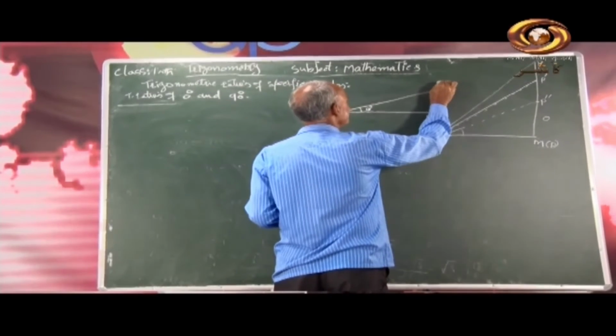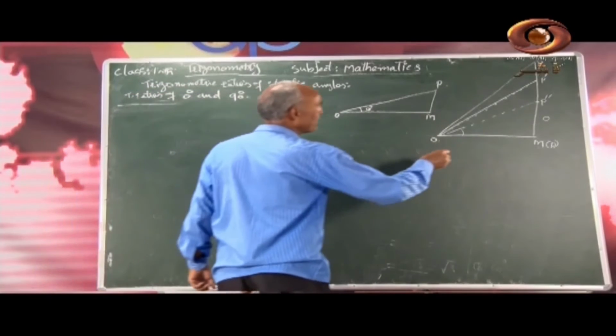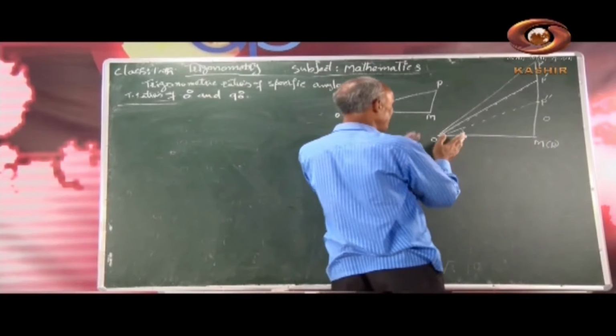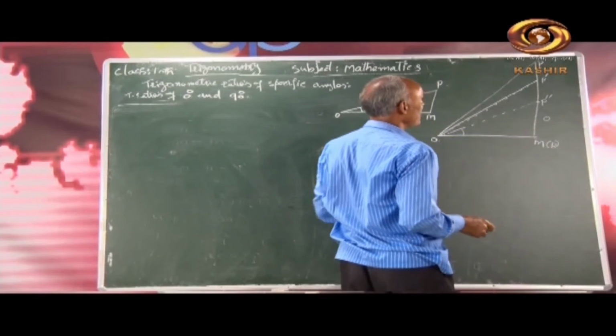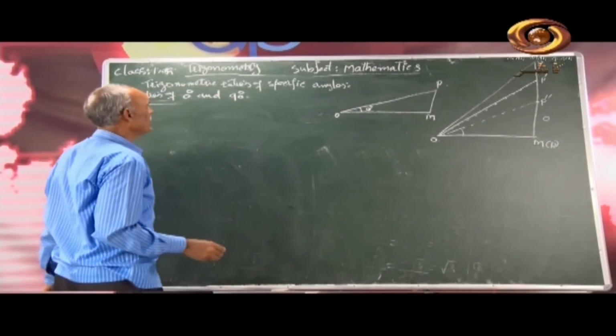So we will consider this triangle with 0 degree. We showed that when P comes lower and lower, the angle becomes smaller and smaller till P coincides with M, so that angle becomes 0, and OP coincides with OM.